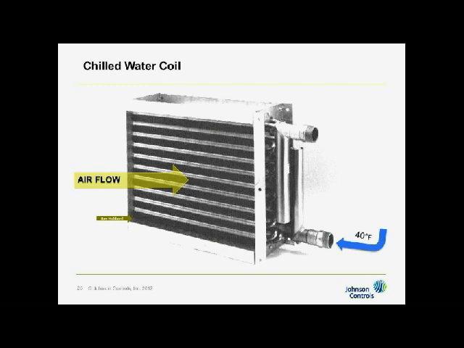The ramification of a dirty coil is that the heat transfer characteristic gets worse. And that means that my leaving air sensor that's set for 55, that controls the valve on this return to let water in and out of the coil, is going to open up. The valve opens because it's supposed to maintain 55 degrees. Well, when I'm at design, then I'm going to be at design GPM.